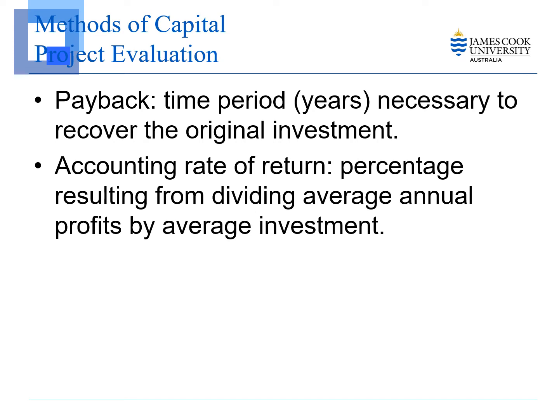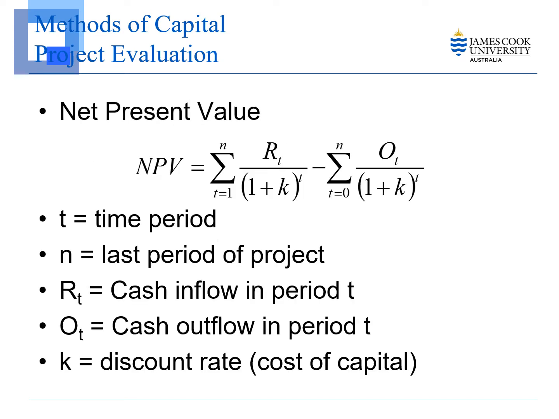We can also calculate the accounting rate of return, which is the percentage resulting from dividing the average annual profits by the average investment. So for the NPV method, suppose we have a project like this.